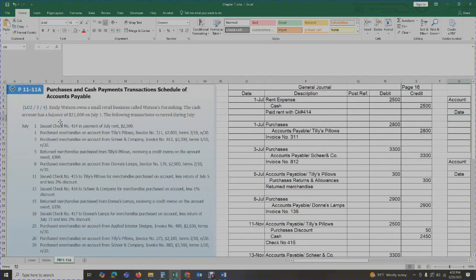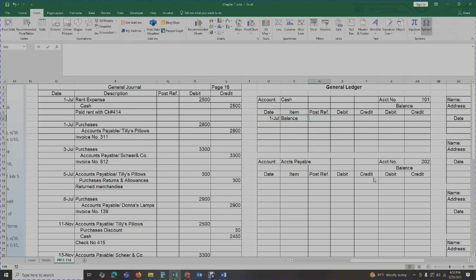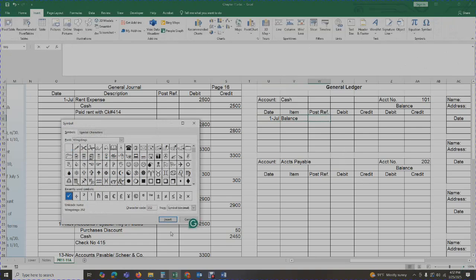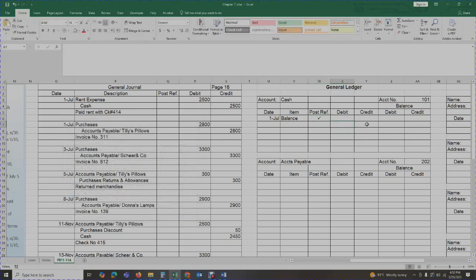Now, if you look at cash, they tell you that cash has a balance of $21,000 on July the 1st. That is your beginning balance for cash. So as of July the 1st, you have a balance of $21,000.